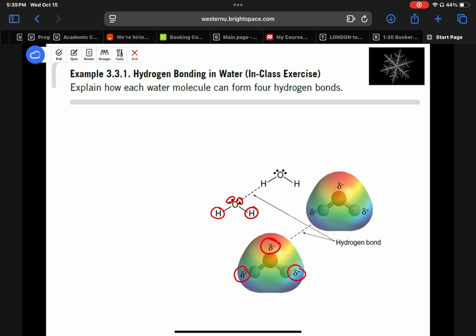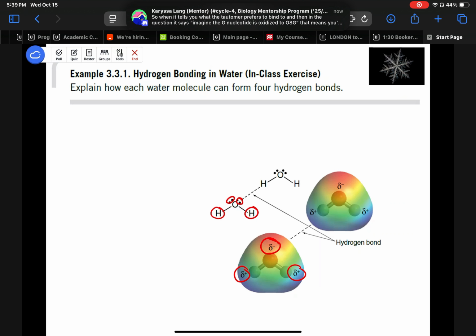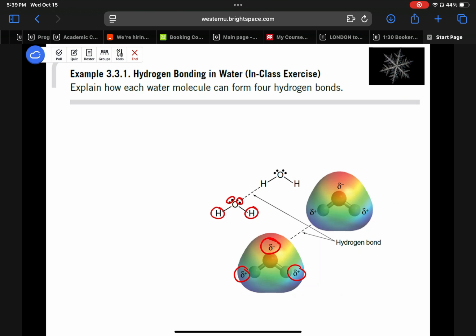So the first one is drawn in here. So with the non-bonding pair of electrons on the oxygen circled in red there, it can have a hydrogen bonding interaction with the partially positive hydrogen on an adjacent water molecule. So that is one hydrogen bond between water molecules.